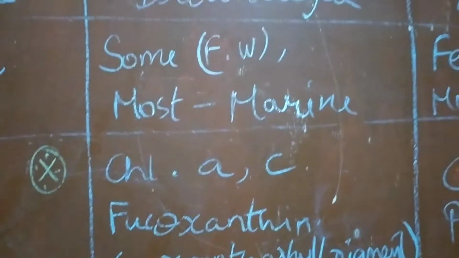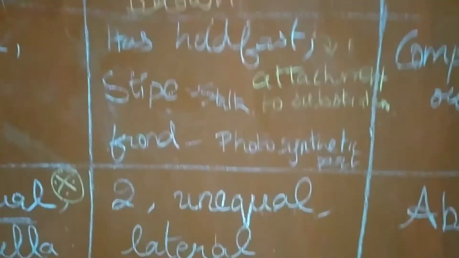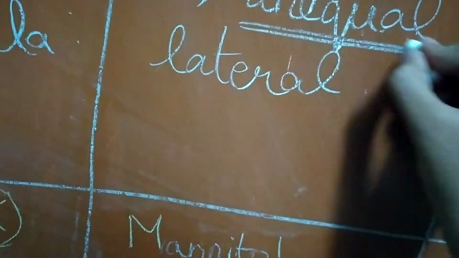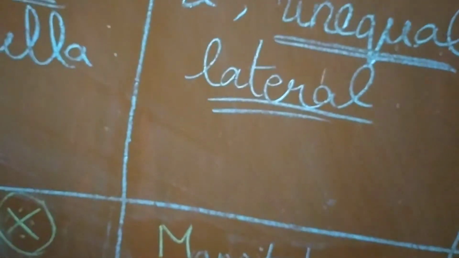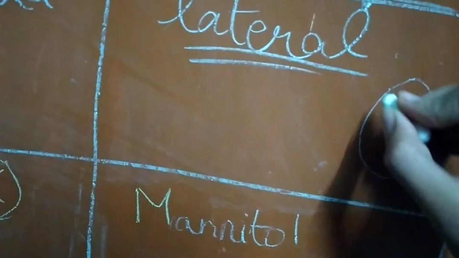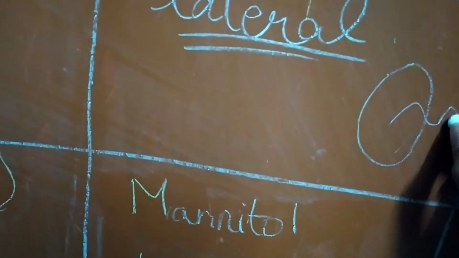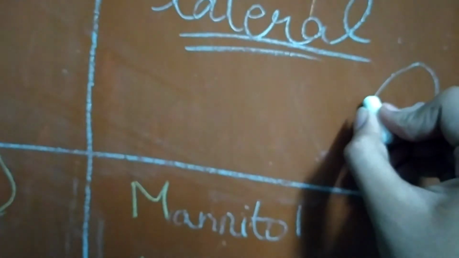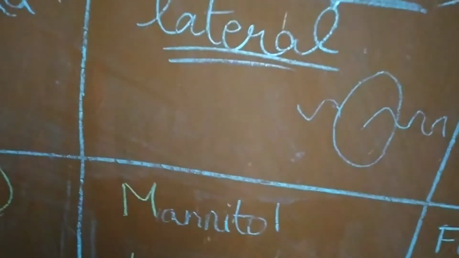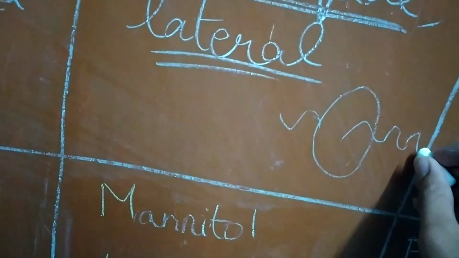That is nothing but the Phaeophyceae. Phaeophyceae has 2 unequal and lateral flagella. For example, this is one, and this is the another. It's lateral and it's unequal, right?